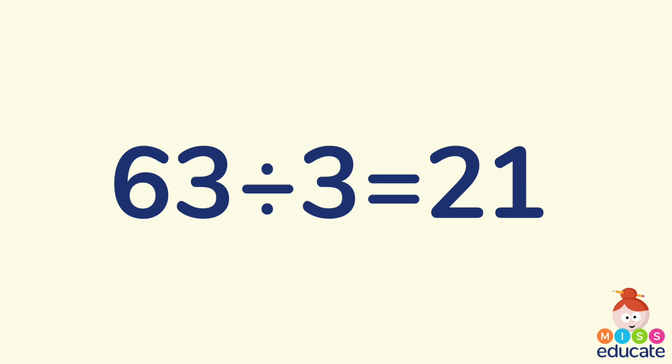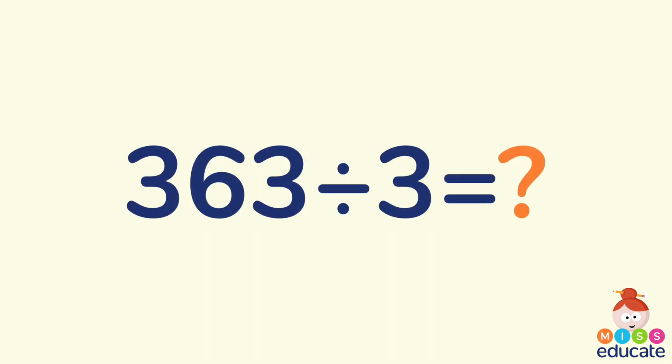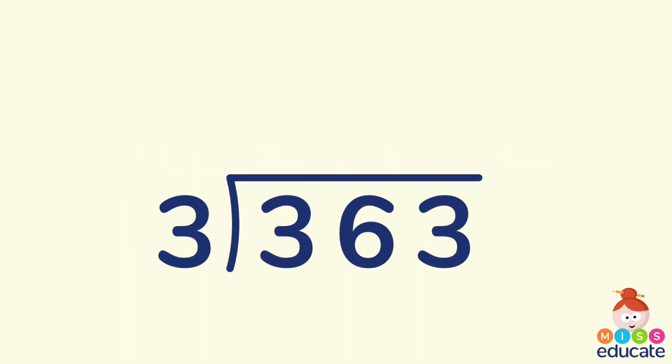Okay, so let's take this for then a 3-digit number. Let's look at 363 divided by 3. Same again, let's put it in that bus stop method. So the 363 goes in the bus stop, the 3 goes outside the bus stop because that's what we are using. We're dividing that number up by 3. And we go again. We go, how many 3s in 3?